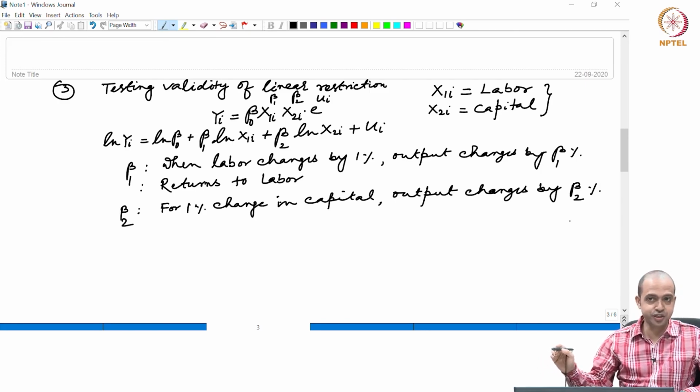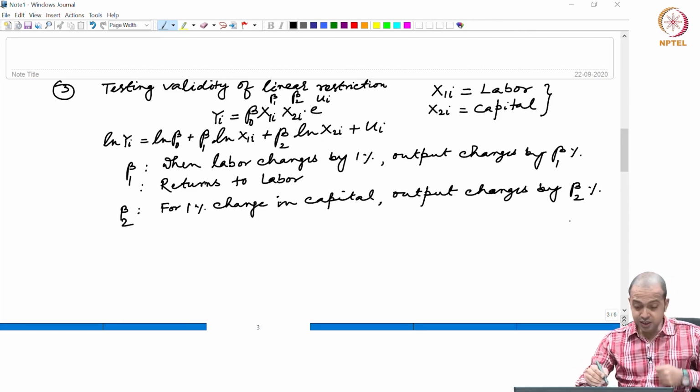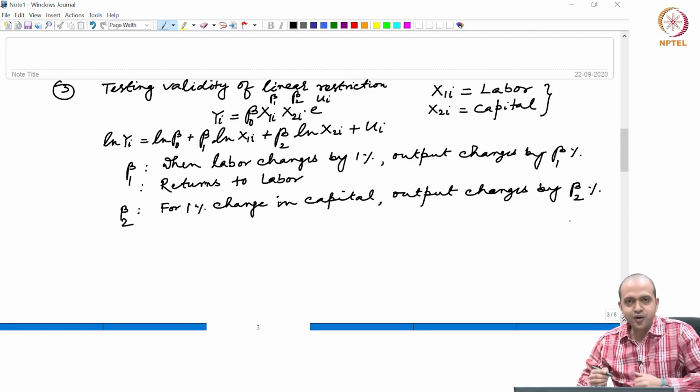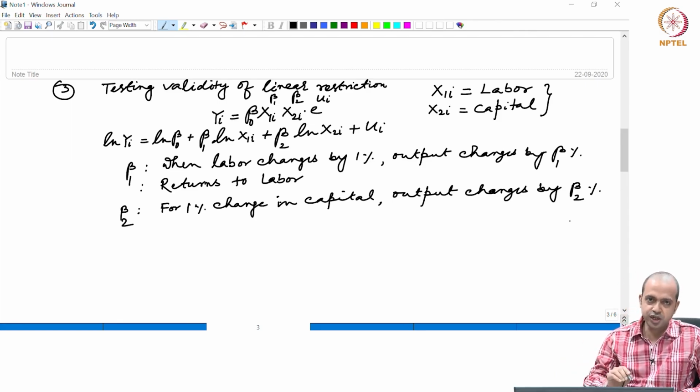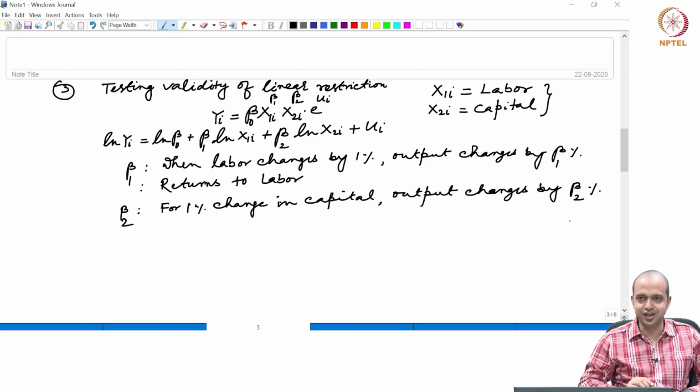That means I am not changing labor when I am changing capital. And these two, when you keep the other factor constant, we said that is basically returns to factor. And when both the factors change by 1%, then the relevant concept is returns to scale, right.